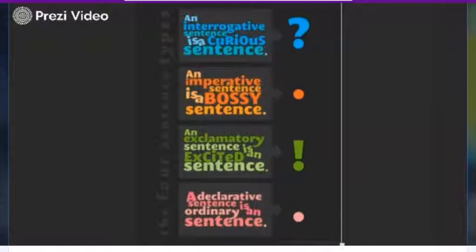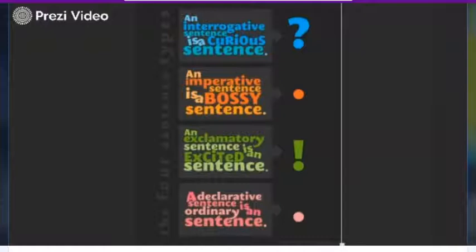Now we have an exclamatory sentence, with emotion. An exclamatory sentence is an excited sentence. That means it can be very happy or very sad, and those emotions are expressed with the exclamation point or exclamation mark.